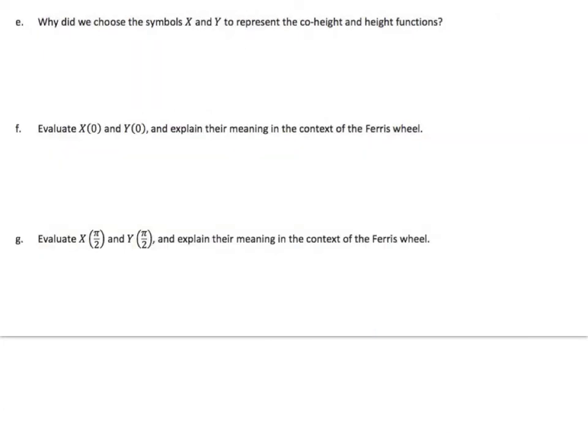Pretty cool. Okay, E, why did we choose the symbols x and y to represent the height and co-height functions? If we didn't, we would only get half of our graph. So the co-height function measures the horizontal position of the passenger car that we typically name x.